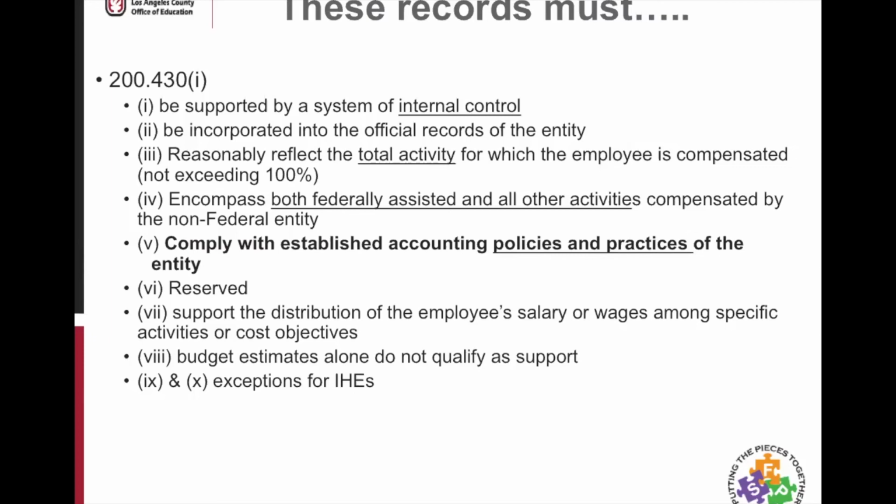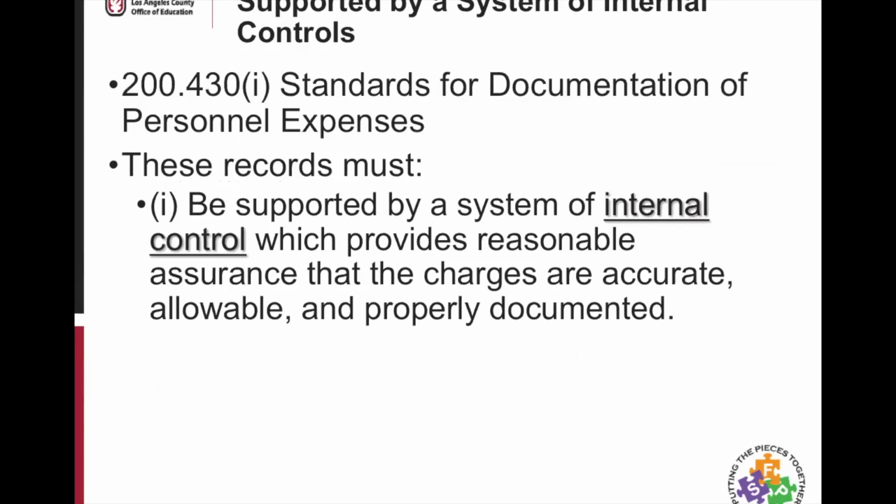Procedure 905 reviews time and effort reporting, and you'll note that the state still uses the term personnel activity reports or PARs and semi-annuals. So that's because when you go through these processes, as much as it sounds like your policy should cover it, in most cases it looks pretty similar. But let's take a little bit better look, because I know this is always an area that people have interest in. All right.